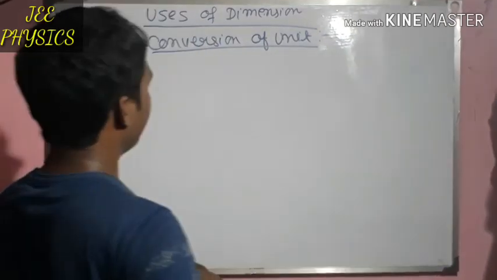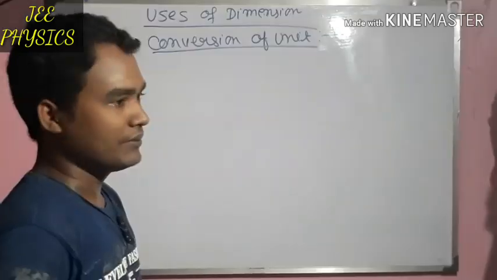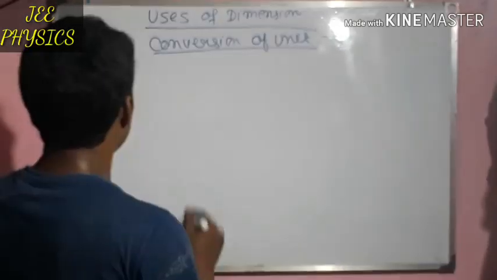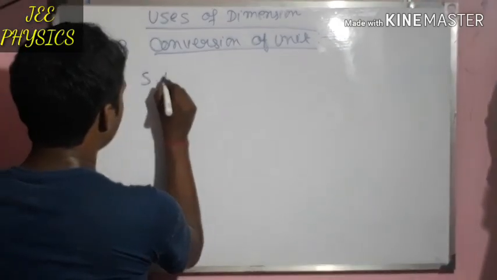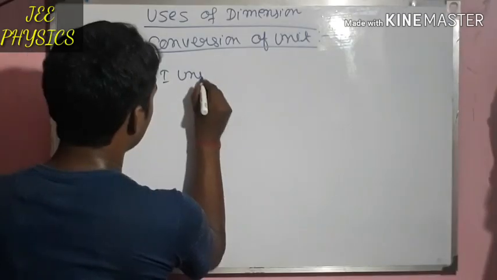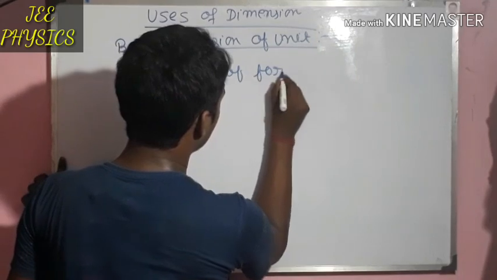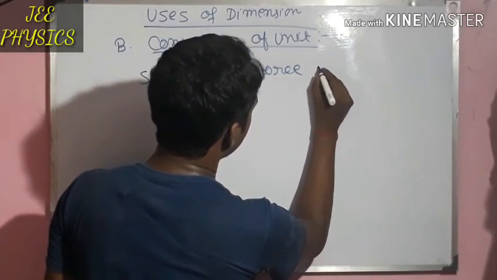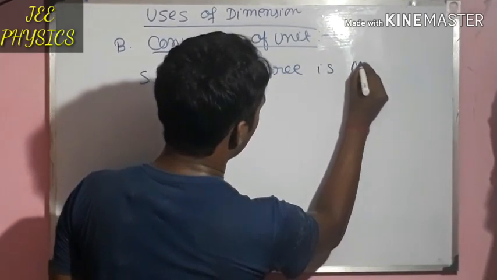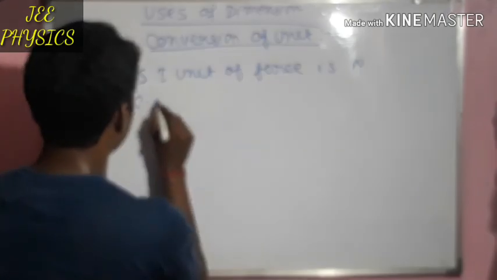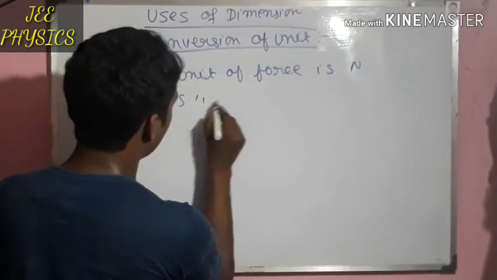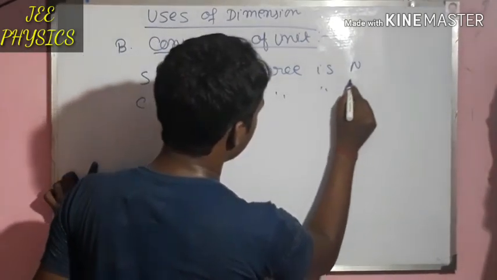Let's take an example. The SI unit of force is Newton, and the CGS unit of force is dyne.